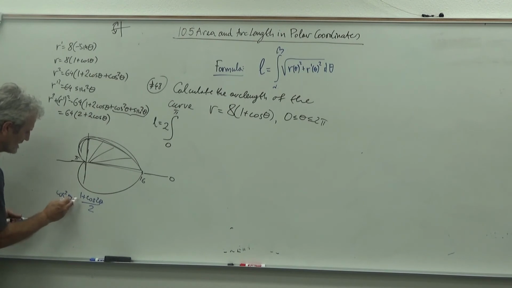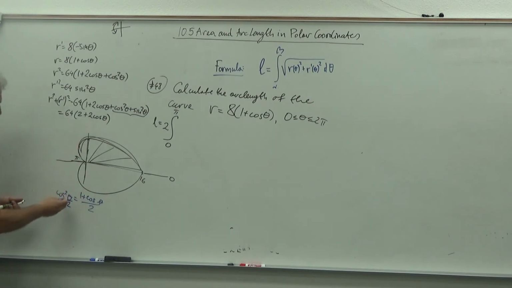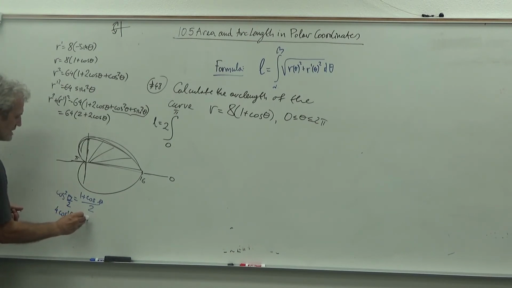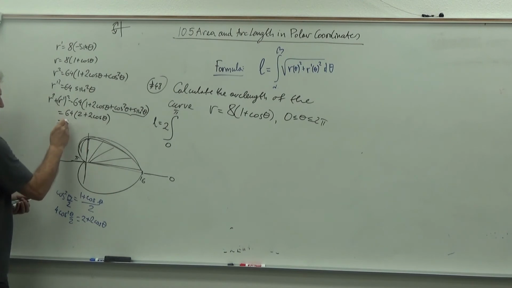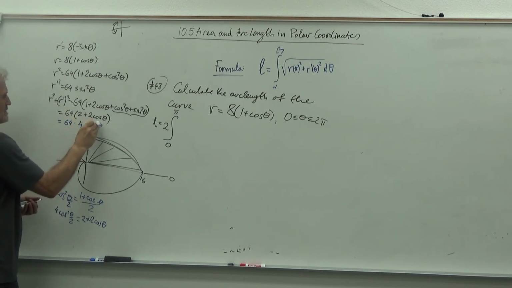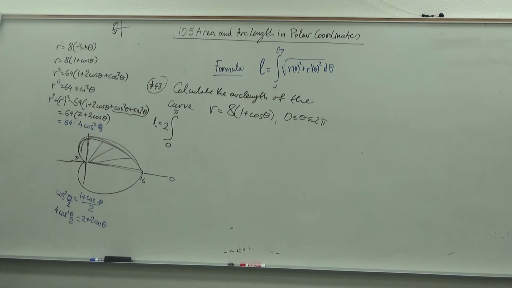Then twice theta half will be theta. Now I multiply by 4, so 4 cosine squared theta half is 2 plus 2 cosine theta. And that's exactly what I have. So basically what I have is 64 times 4 cosine squared theta half.